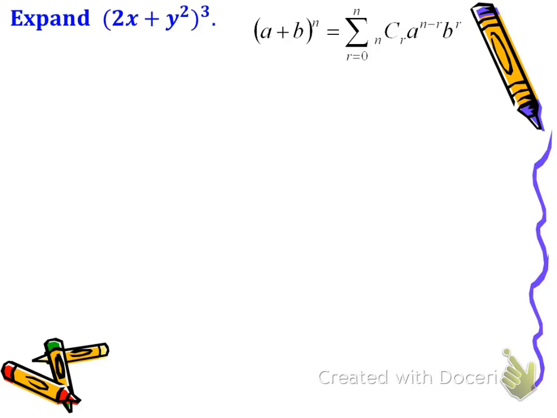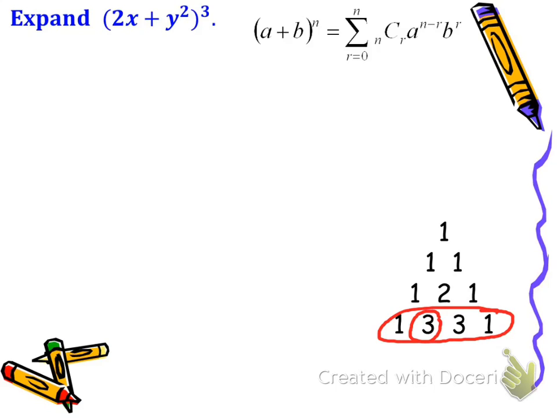Because we are raising to the 3rd power, we need the row for the 3rd power from Pascal's triangle. So let's put Pascal's triangle here. We need this row right here, the row that has the 3 in it.